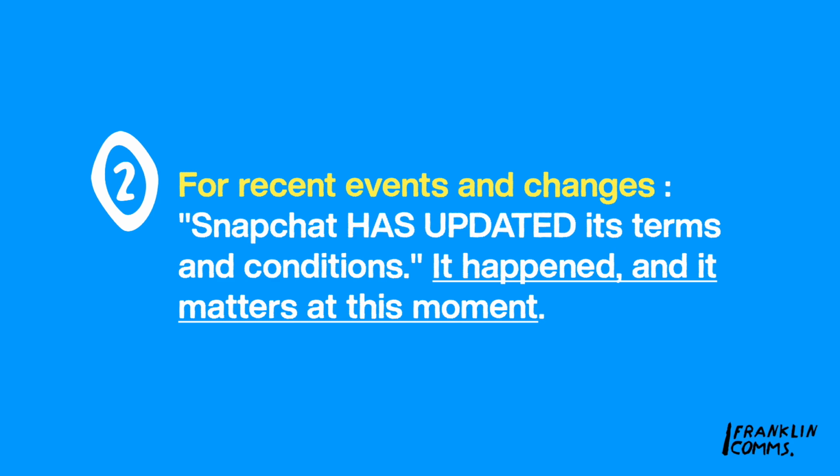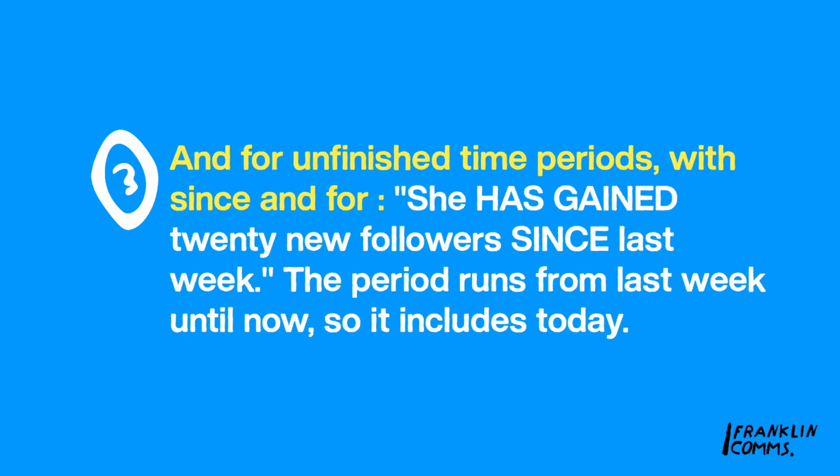For recent events and changes: Snapchat has updated its terms and conditions. It happened, and it matters at this moment. And for unfinished time periods with since and for: she has gained 20 new followers since last week. The period runs from last week until now, so it includes today.